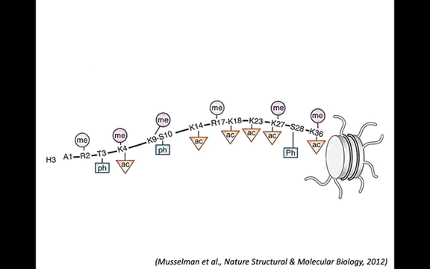So let's see how the process is very complex. You can see here an example for histone 3, and the histone tail is exposed, showing all the possible modifications that may occur on different amino acids. You can see that there is a methylation on arginine 2, there is acetylation on lysine 4, and this lysine as well can undergo methylation.